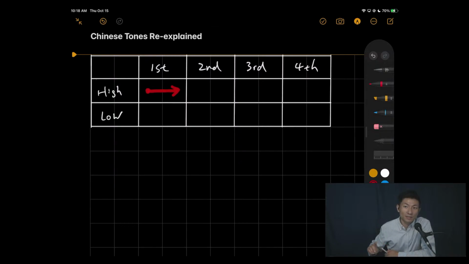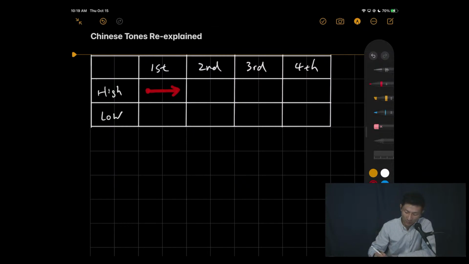Number two is that it finishes at a high pitch. A common mistake is that you start high and then you let the tone drop, and then it's going to sound like fourth tone, or you didn't start the tone high enough, and it's not going to sound like first tone. So I'm gonna talk more about that later.